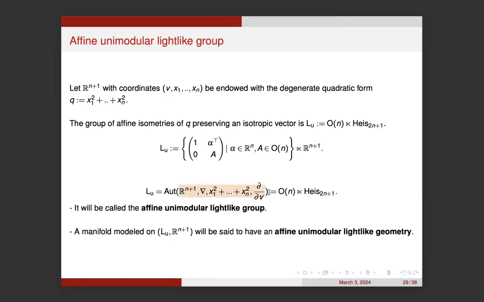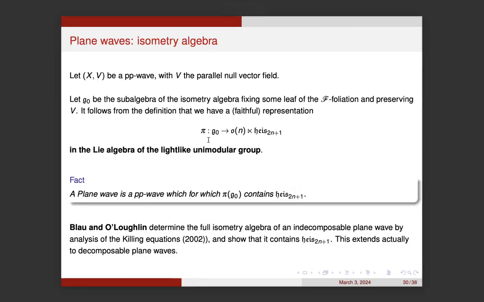So this local isometry lives inside this group, this affine unimodular light-like group. So I have a representation of this inside the Lie algebra of this group, the Lie algebra instead of the group because I only have local isometries a priori.